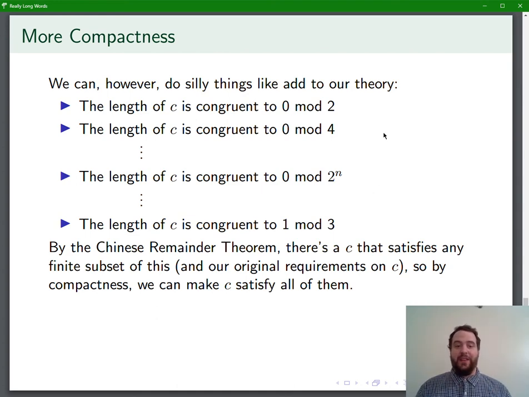By the Chinese remainder theorem, you can find a C that satisfies any finite subset of this and our original requirements on C, and so by compactness we can make C satisfy all of them.